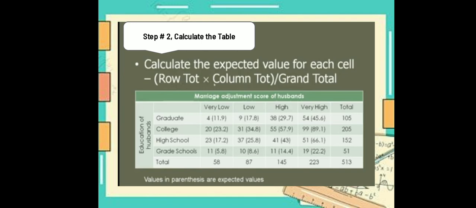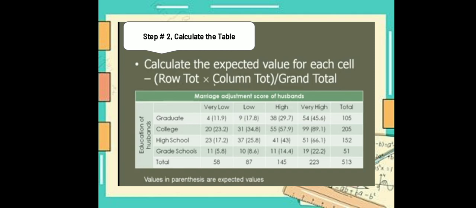We have to calculate the expected value for each cell. The row total times the column total, over the grand total, is the formula to get the expected value of each cell.